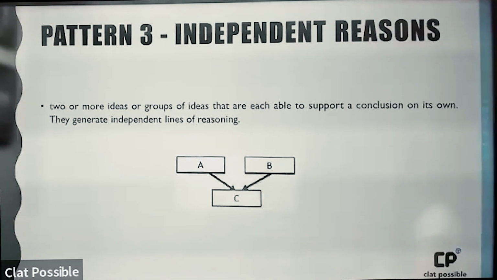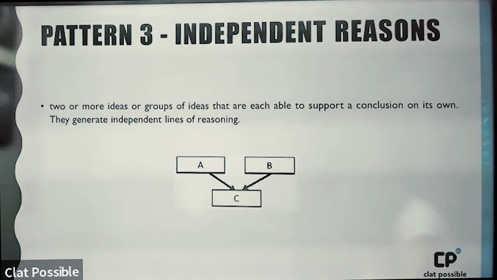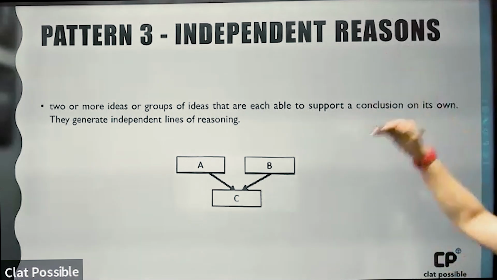So when we do questions on strengthening, what we are trying to do is provide one more reason. So this is independent reasons. So that means one is your inference pattern where there is a chain of reaction.